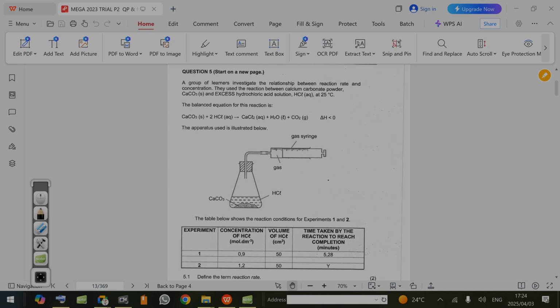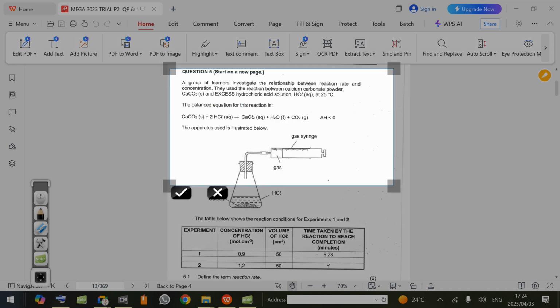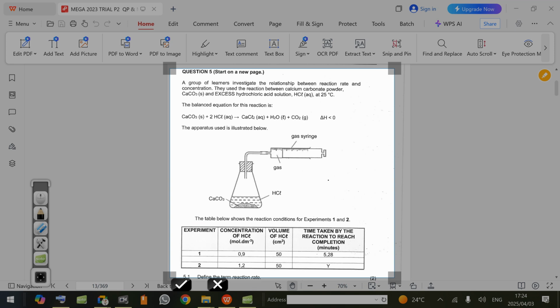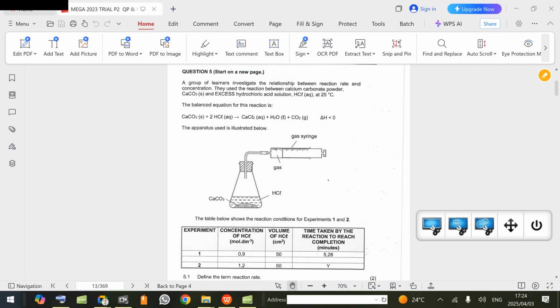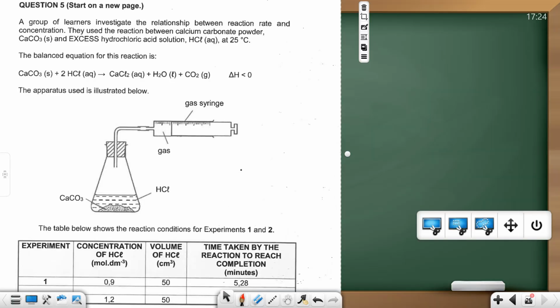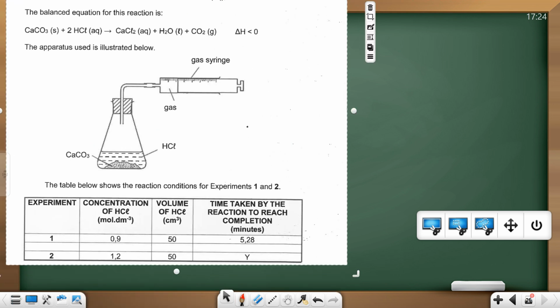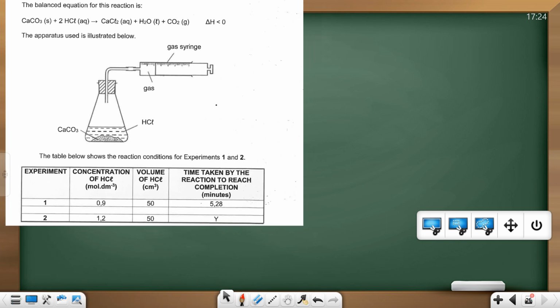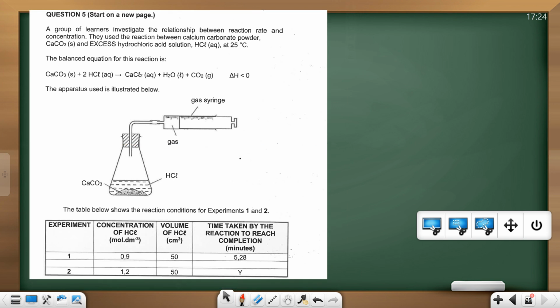Immediately I look at this question and I see that there's a syringe. You know what they use a syringe to do? To collect gas. Some questions will have that and ask you to label that apparatus. That apparatus is a syringe. And this one, you must also know it.